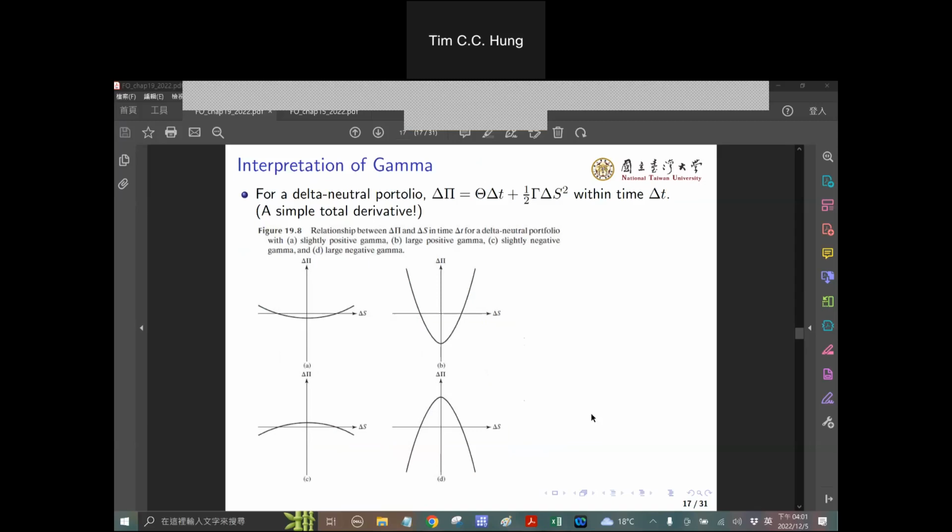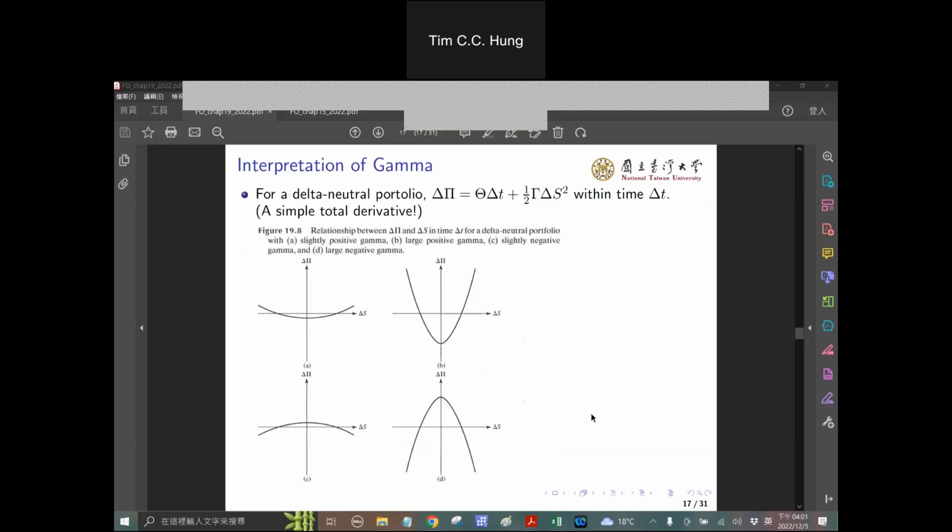So what does this plot mean? It means that for A and B, for the first and the second graph, we're talking about a scenario.